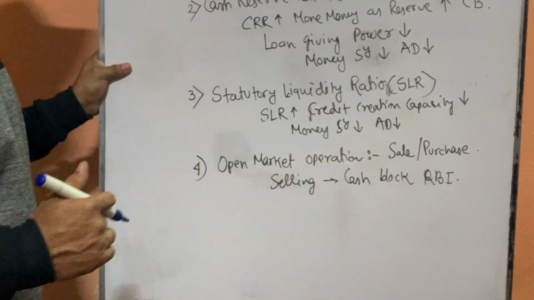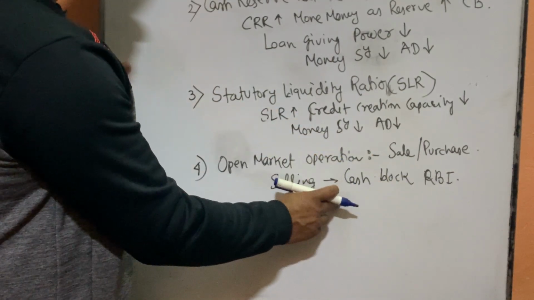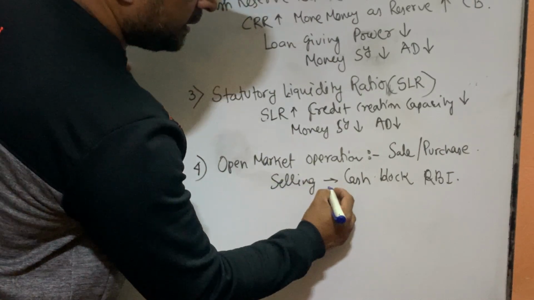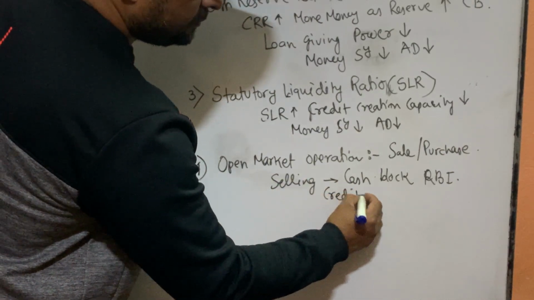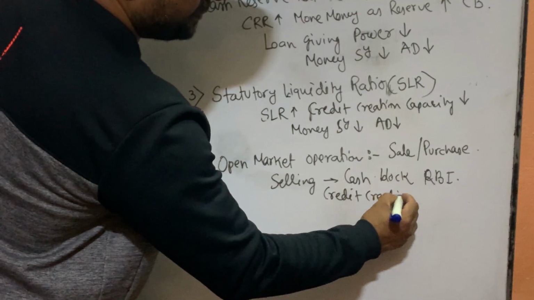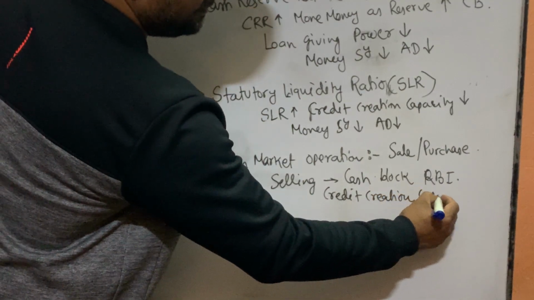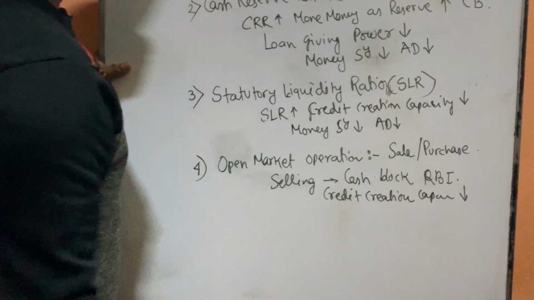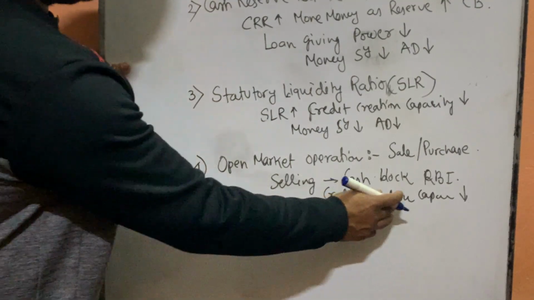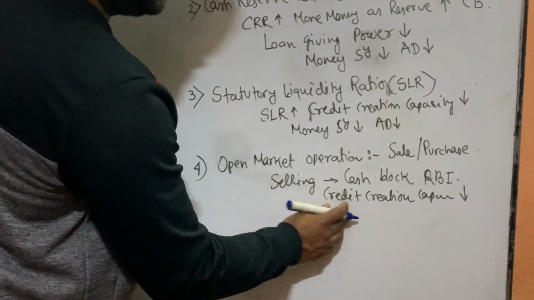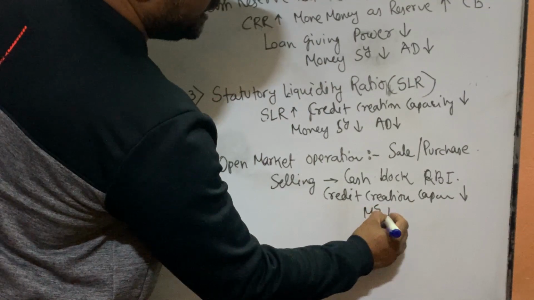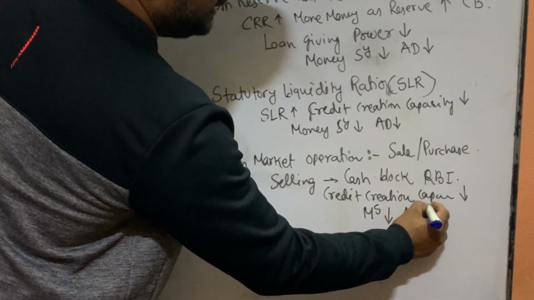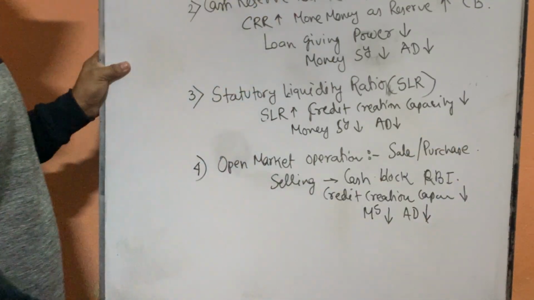Now they have only the certificates. By showing the securities they cannot give loans. So their credit creation capacity is reduced. They cannot give more money as loans to the market, so the money supply of the economy is reduced and aggregate demand level also reduced.